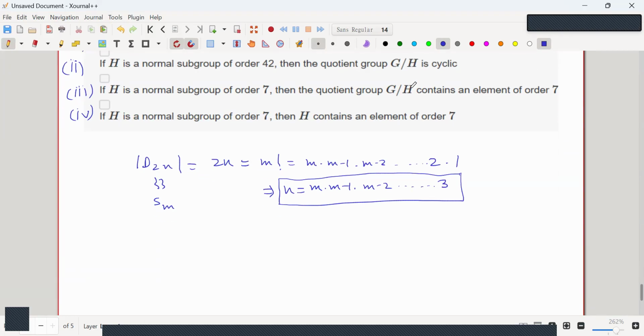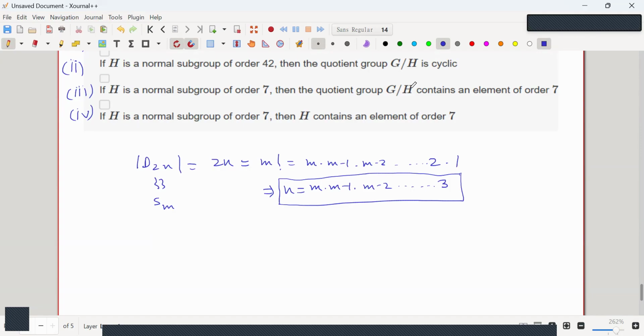But there are other properties which will stop you from making this isomorphism. D2n will always have an element of order n, but you need to check whether this permutation group has an element of order n, where n is m factorial by 2.